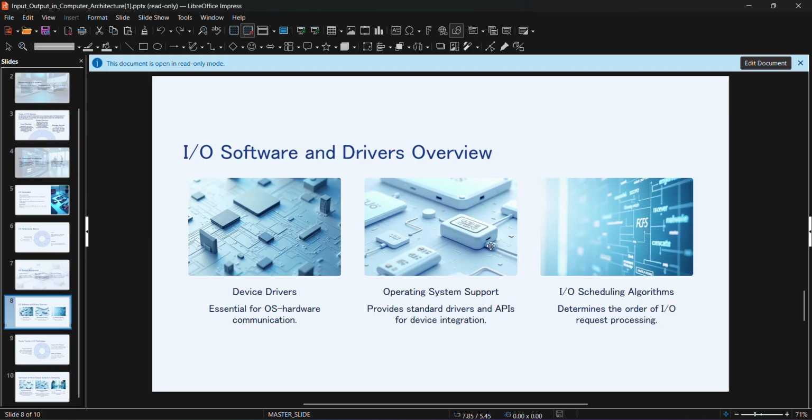And we have operating system support as well, which provides standard drivers and an application programming interface for device integration. And we have the input output scheduling algorithms. So these are the input output software and drivers.